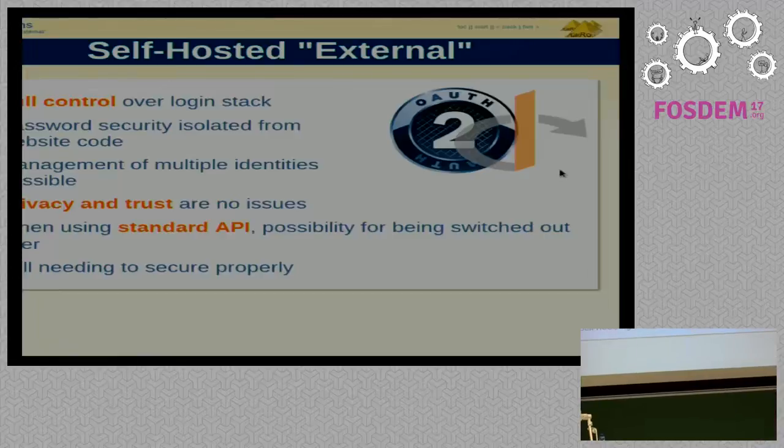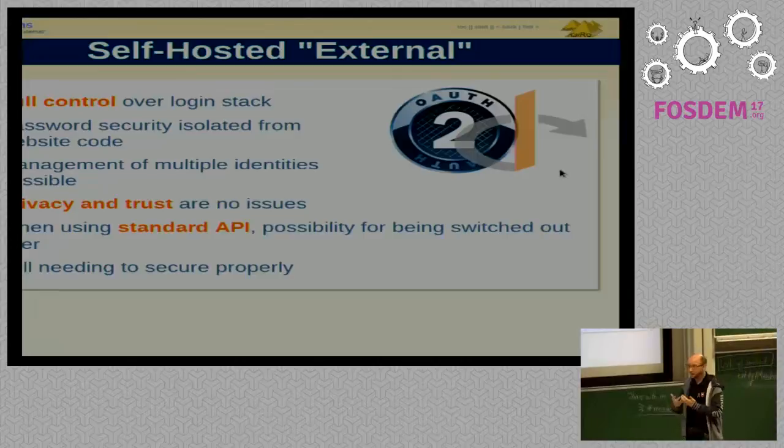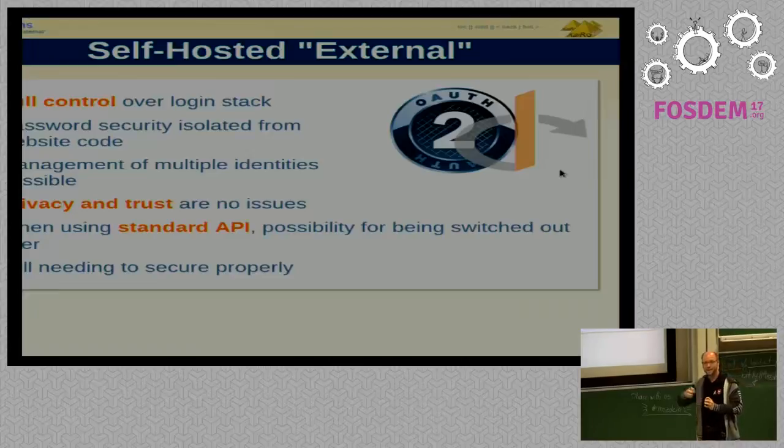This gives me the full control over the login stack as it all runs on my machines. The password security, I still need to care about it, but it's at least isolated from the website code, and it's code that's hopefully reusable and that other people can look into if it's an open source thing, and we can guarantee that it's a good solution.